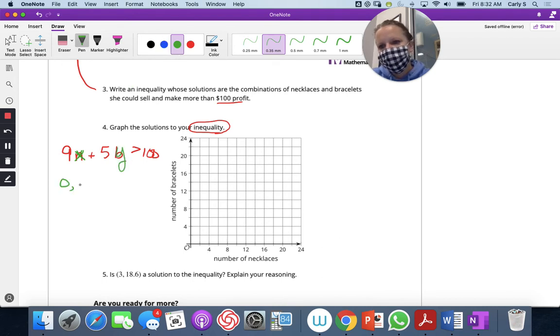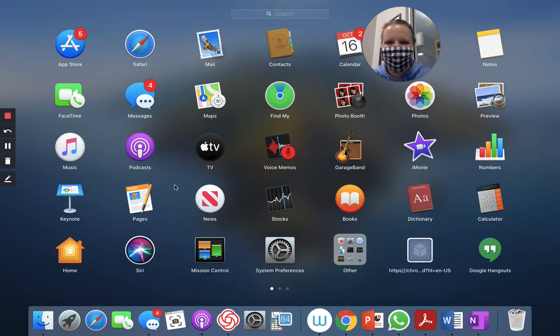We're going to find 0, y, and x, 0. So if we plug in 0 for y, that gets rid of the 5y. We have 9x equals 100. I'm not in my room now, so I don't have my calculator.